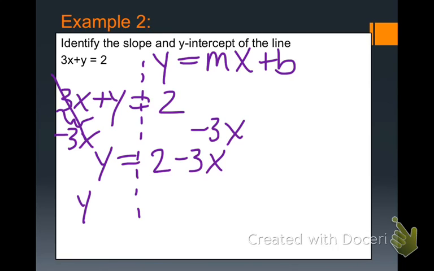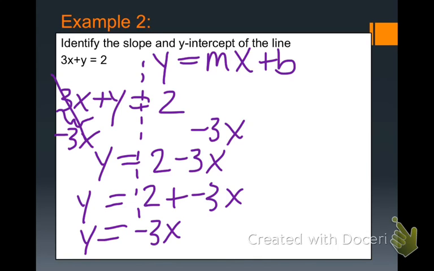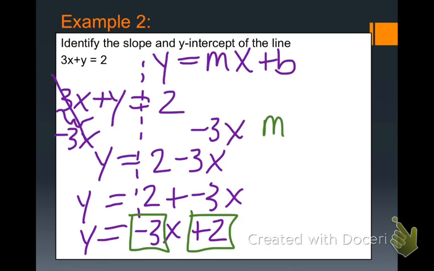So remember, that's the same as 2 plus a negative 3x. And thanks to our commutative property of addition, we can rewrite that as negative 3x plus 2. And now, it is in slope-intercept form. So our m, our coefficient of x, is negative 3, and our b, our y-intercept, is positive 2.